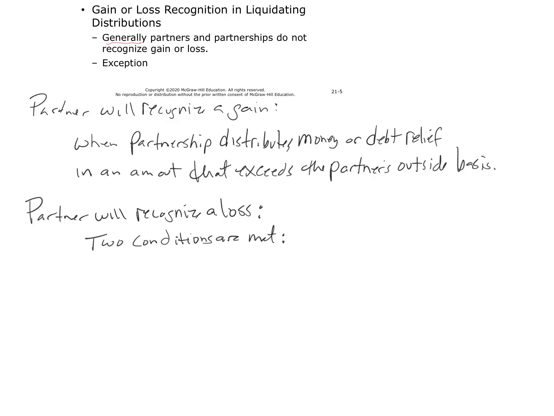All right, and so those two conditions are the distribution consists of only cash and hot assets. And remember, cash does include debt relief. And the partner's outside basis exceeds the sum of the distributed assets.